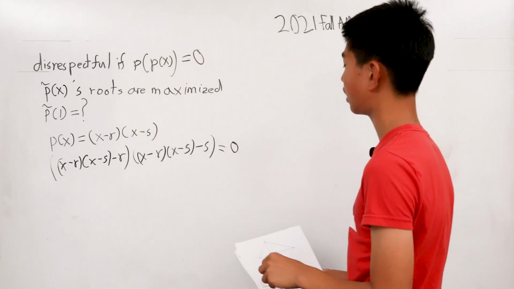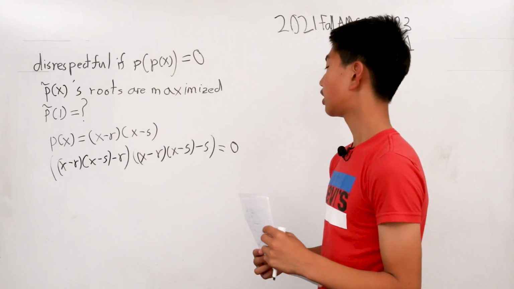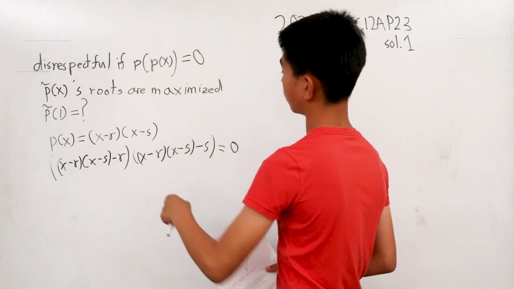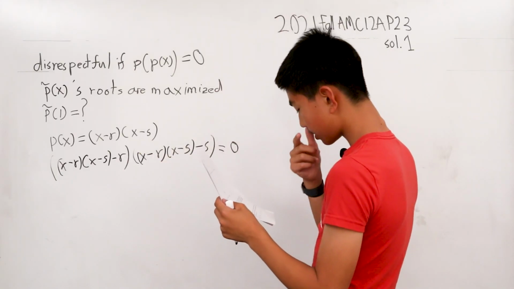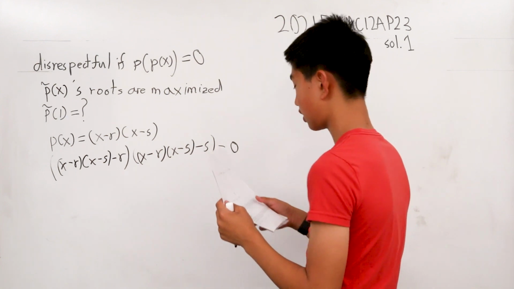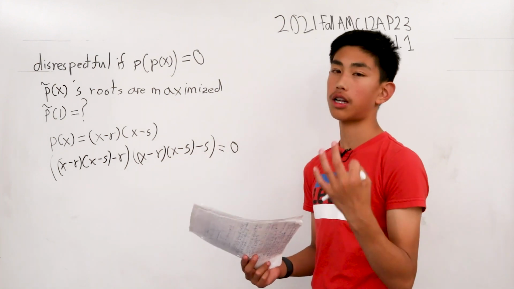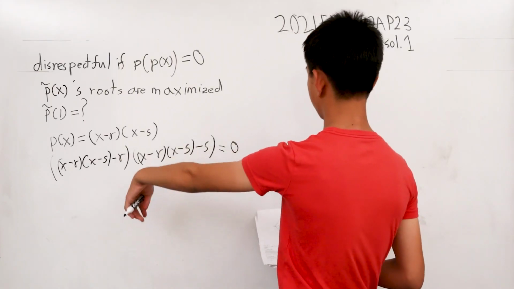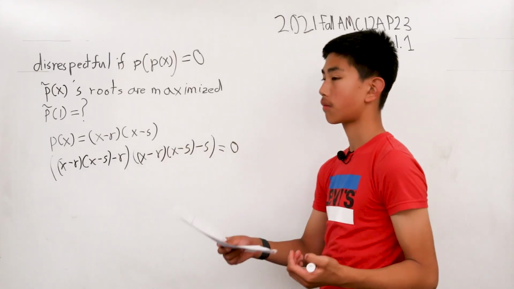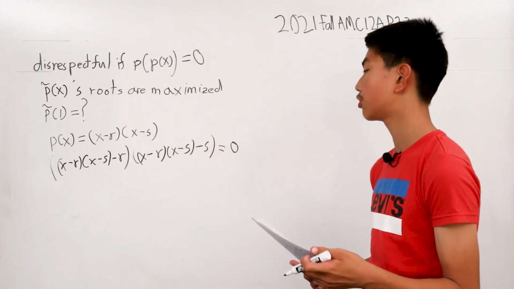So now that we have that, it's clear that these two are the roots, r and s, but it says that it has to be satisfied by exactly 3 numbers. So this means that one of these has to have 1 and one has to have 2. Since we don't know the variables, we can choose whichever.